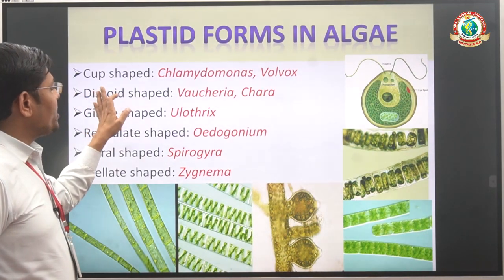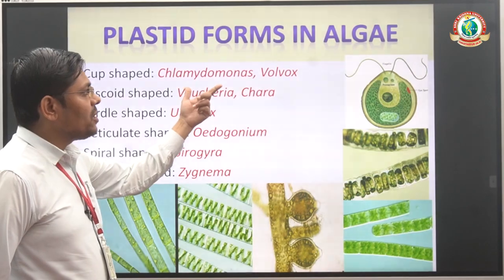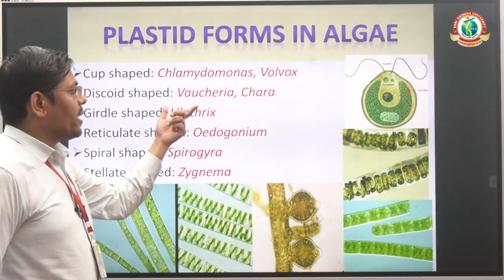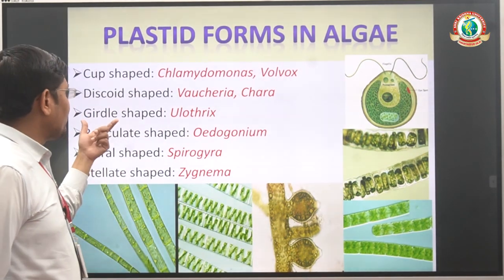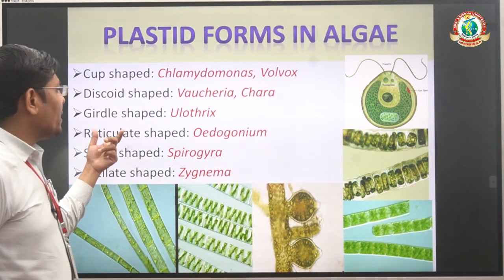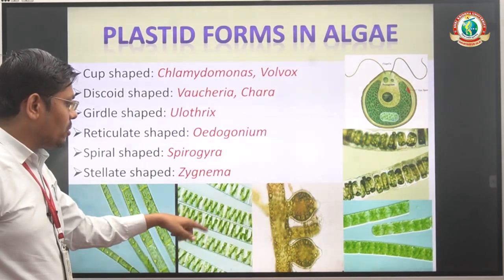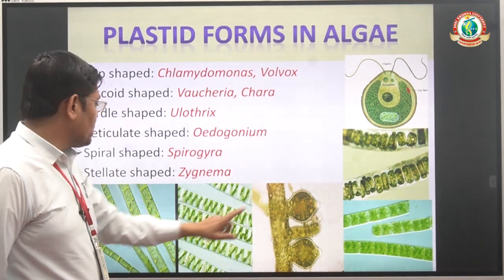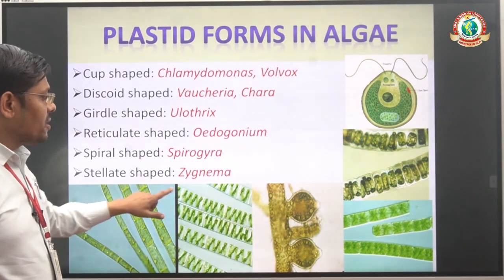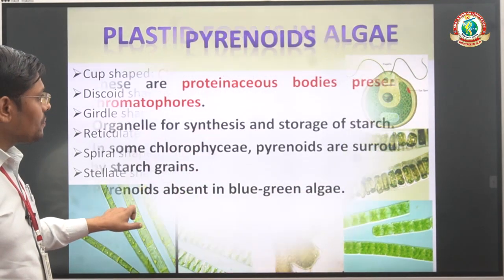Cup shaped plastid is found in Chlamydomonas and Volvox, discoid shaped in Vaucheria and Chara, girdle shaped in Ulothrix, reticulate shaped in Oedogonium, and spiral shaped in Spirogyra. These are the pictures. And star shaped is found in Zygnema.